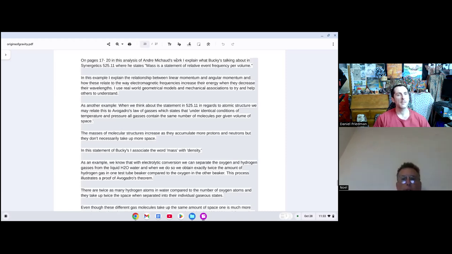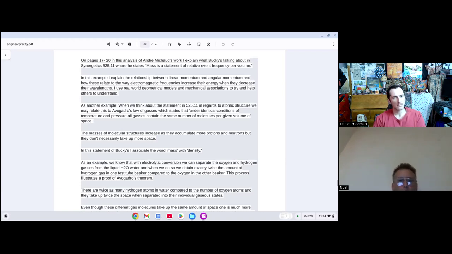I explained what Bucky was talking about in Synergetics, where he states mass or density is a statement of relative event frequency per volume. So the mass increases as the frequency increases. So in this relationship of McCaw's, I explained the relationship between linear momentum and angular momentum and how these relate to the way electromagnetic frequencies increase their energy when they decrease their wavelengths.